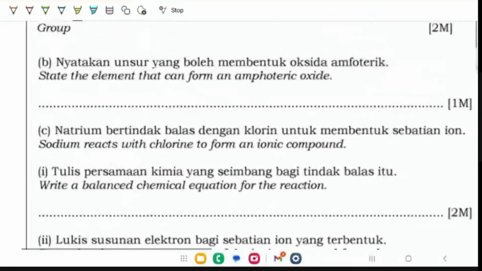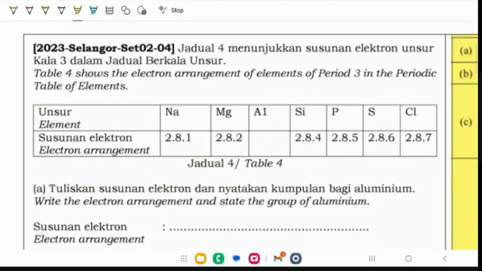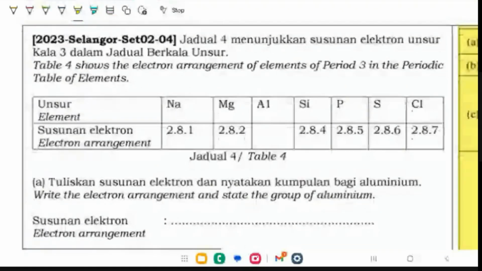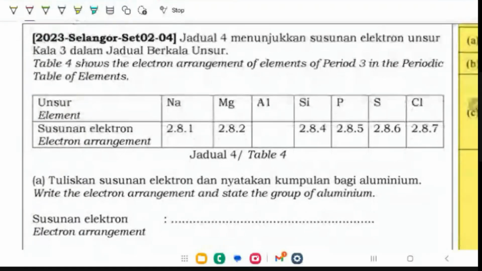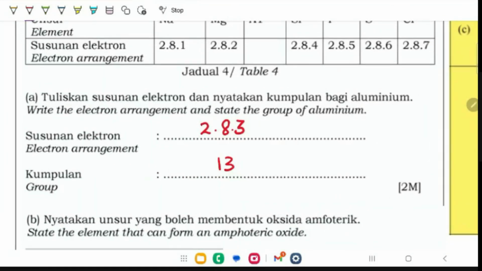I think we do another last question. Period 3: 2, 8, 3, aluminium. Group 13. Now state which can form amphoteric oxide. Do you still remember what amphoteric means?